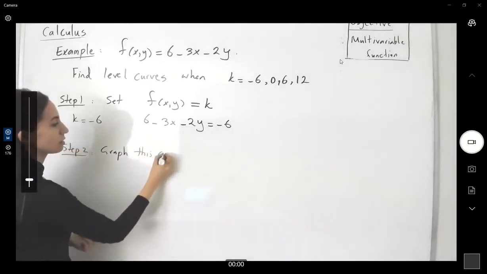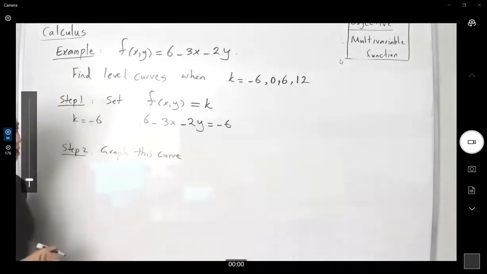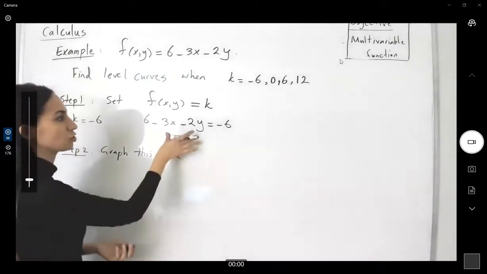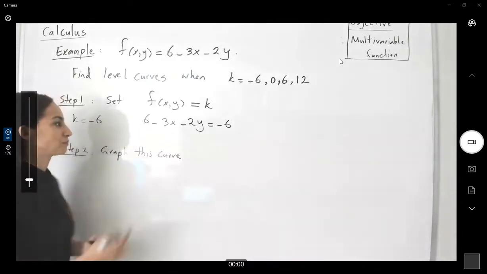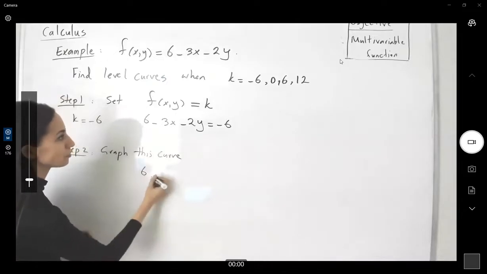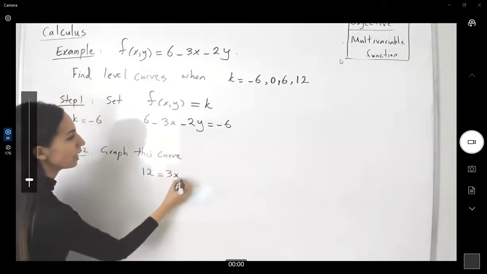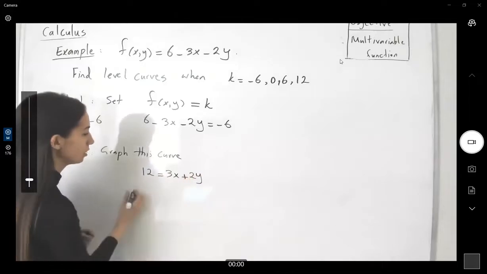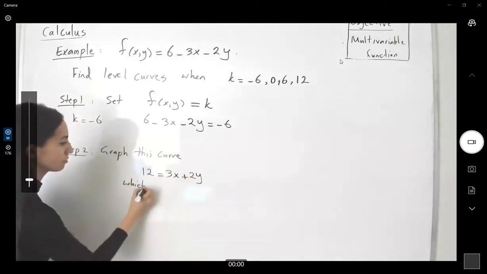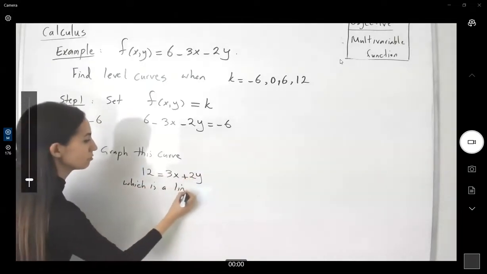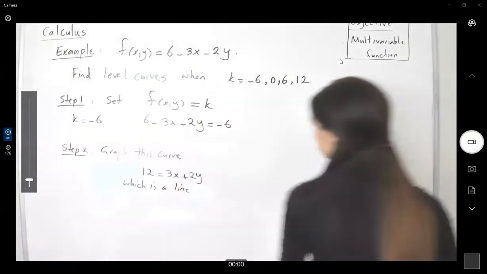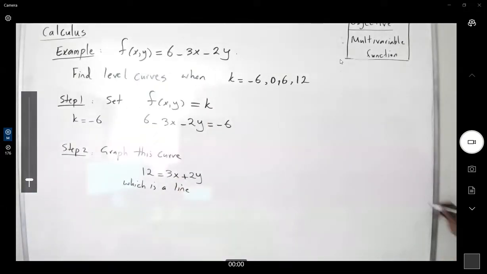Graph this curve. Well, okay, this is just the equation of a line. We have 12 equals 3x plus 2y, which is a line. So we're going to graph this one first.